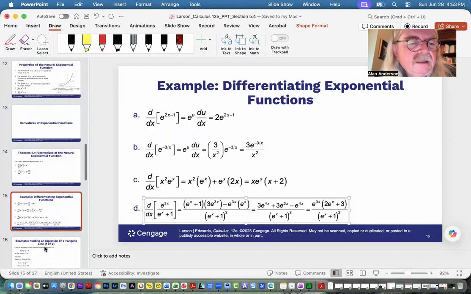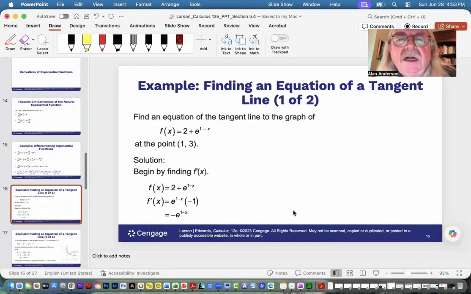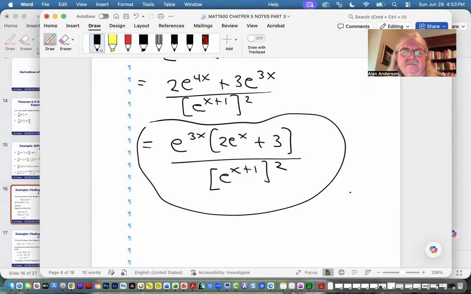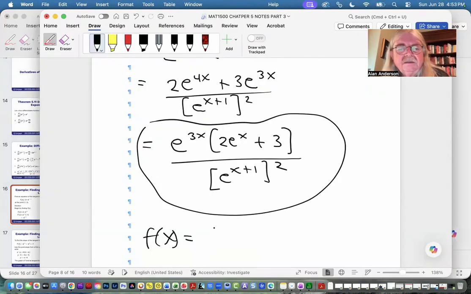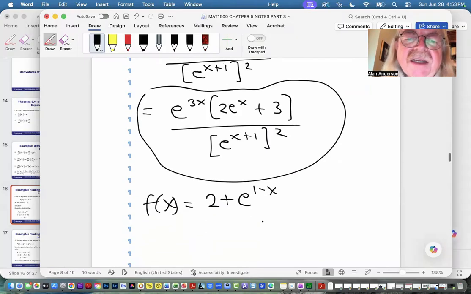All right, let's see what's next. Find an equation of the tangent line. So you know they're going to want a slope here to the graph of f of x equals 2 plus e to the 1 minus x. We'll start by taking the derivative.